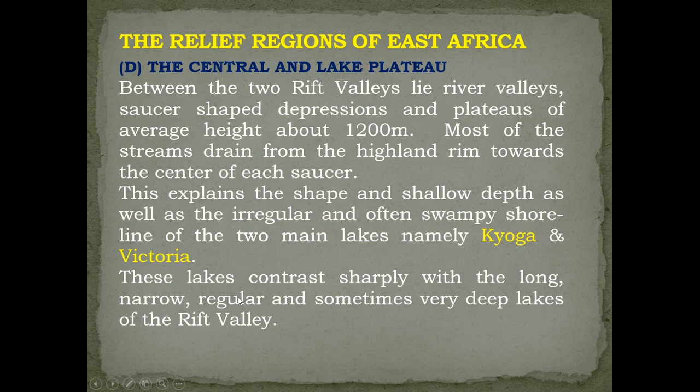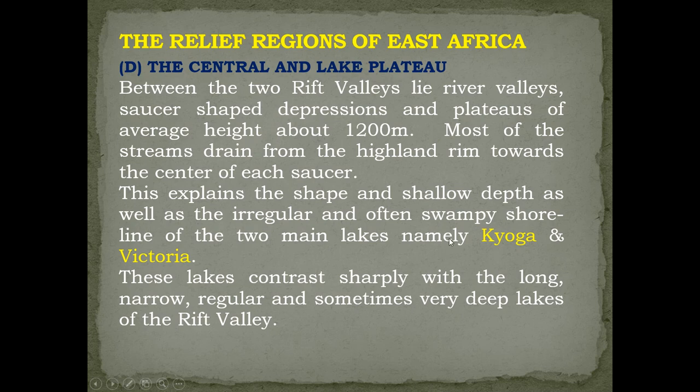Their shape is almost the same. When you look at the shape of Tanganyika, it's almost the same as the shape of Albert. Check them. When you look at the shape of Albert, it's almost the same as the shape of Lake Malawi. Look at your atlas. So that's why we say their shape is regular. Then sometimes these lakes are very deep. That's why I told you the deepest is Lake Tanganyika.